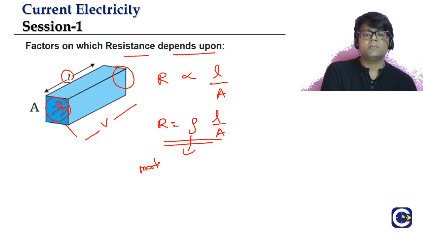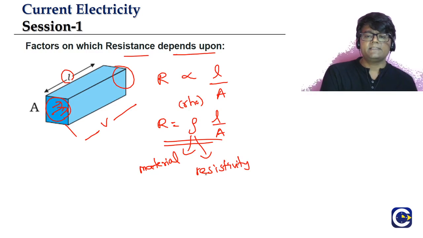We use the symbol rho to represent it, and this is called resistivity.